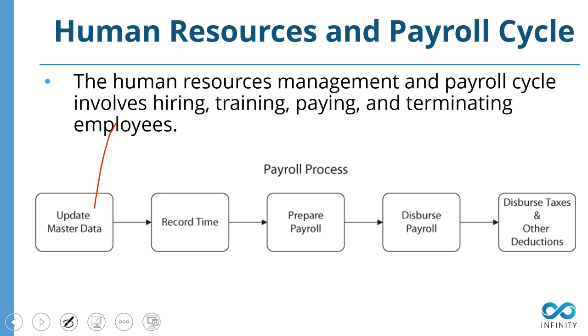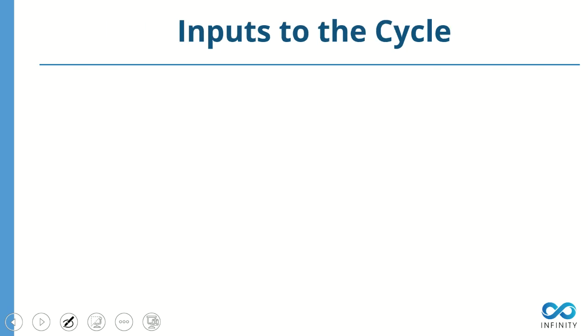And then when he starts working, you have to record his timing. Based on that, you have to prepare payroll. Then disburse payroll, and if there is tax that needs to be paid by the organization, or some tax you have to deduct from the employee, all that information you can get from an AIS.